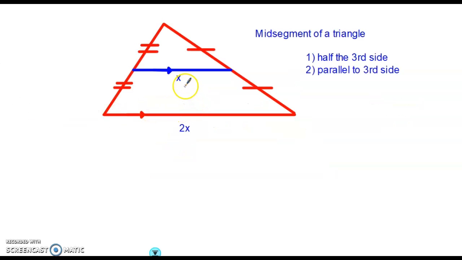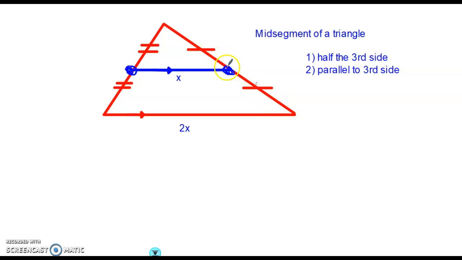Now, if you recall, a few months back, we did the mid-segment of a triangle, and that's this blue segment. Notice the blue segment goes to the midpoint. This is a midpoint because these two pieces are equal. Same thing on this side.